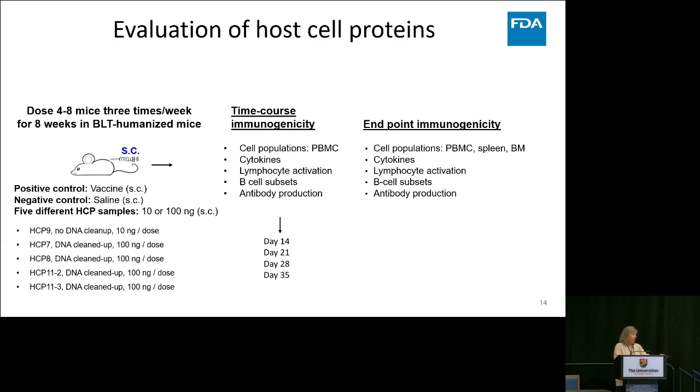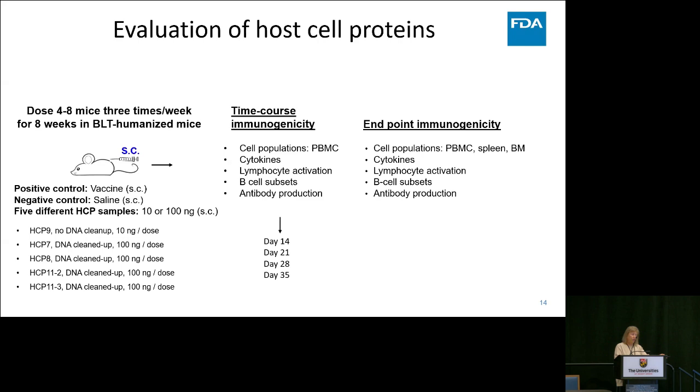And for one group, we gave them 10 nanograms per dose without cleaning up the DNA. And as many of you probably know, DNA is very immunogenic since it's going to bind toll-like receptors. And the other samples all had their DNA cleaned up, and they got a 100 nanogram dose, 3 times per week. And we collected a large number of parameters.